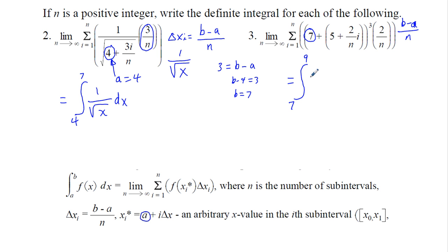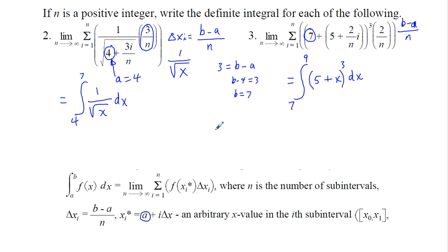And what is our function going to look like? We've already added this a, but inside we have, looks like 5 plus x to the power of 3 dx. So this is as best as I can ascertain right now.